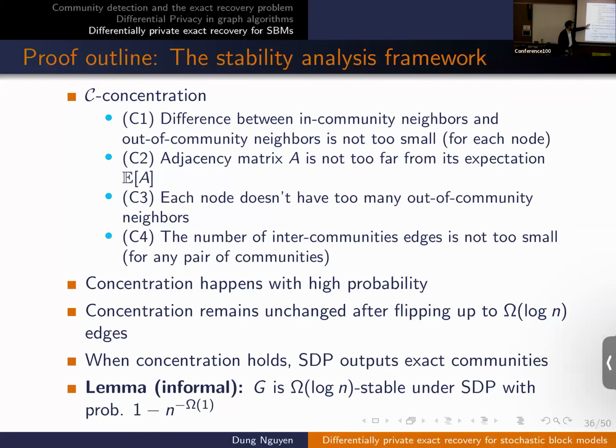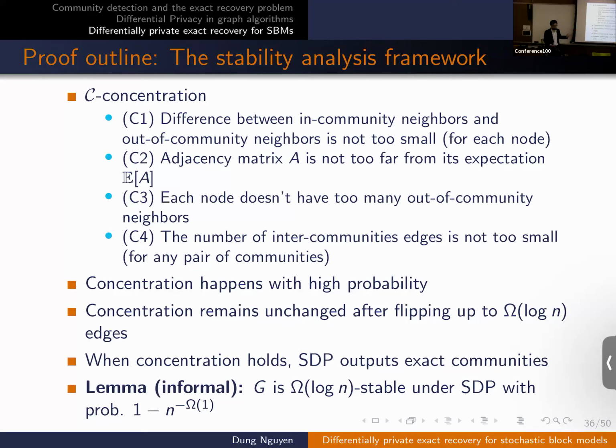And we will prove three statements. The first one is that C-concentration happens with high probability. The second is that the concentration remains invariant under block edge flipping. So you flip block edges of the input graph, and it's still C-concentrated.